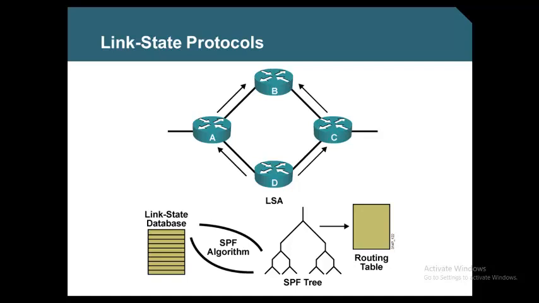Only after finding neighbors. I repeat, this is not the very first thing in OSPF. It doesn't just send advertisements just like that. First of all, it will identify the neighbor, then it will send this advertisement.